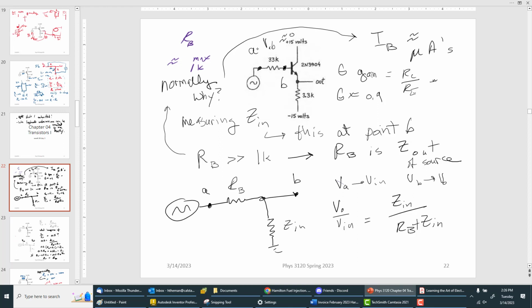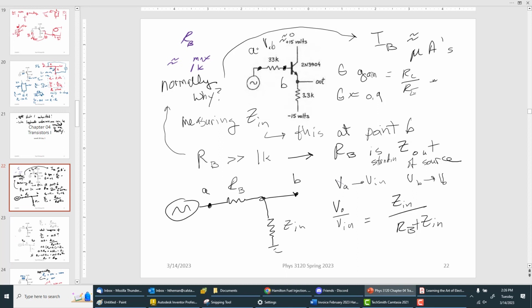So we want to measure the Z in of an emitter follower, and congruent with this idea that our base resistor is not supposed to be too large, that's basically, in this circuit, point B. So in this case now, we have an R base that's much greater than 1K, so we're violating our rule of thumb, because what we're going to do is say that RB is a stand-in, like a stunt double, for Z out of the source.